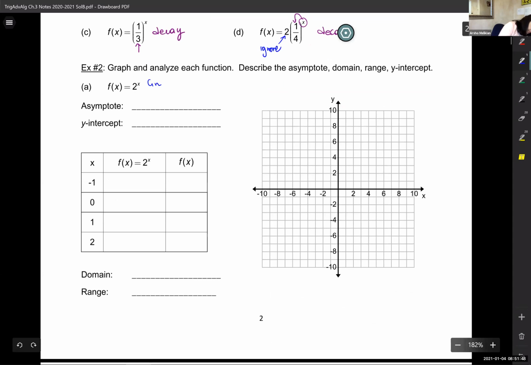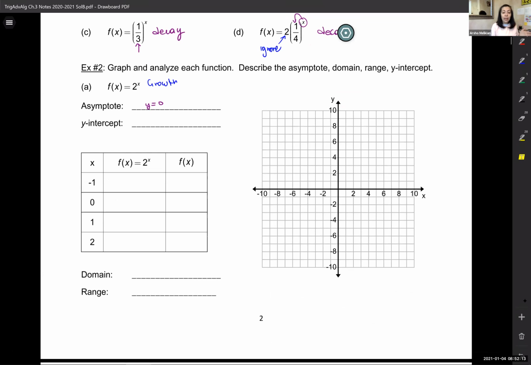All right, asymptote. This is the default case, and for the time being, we're just going to look at the default case, and we're just kind of going to go with it until something changes. That's when I'll tell you how the asymptote will be different. But for now, our asymptote is going to be y equals 0.